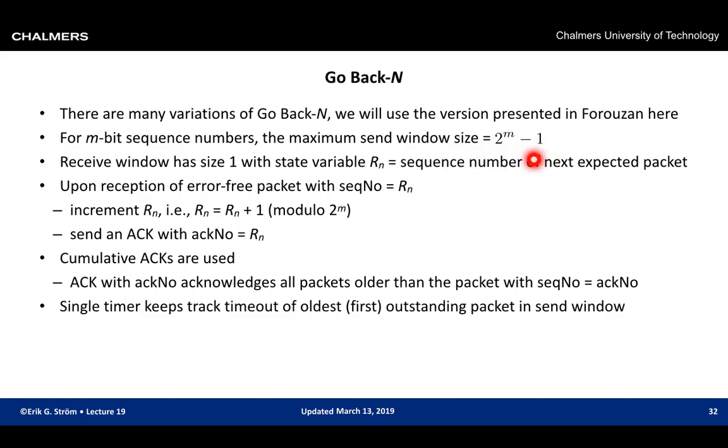The receive window is still size 1, and then it works like this. With go back n, we have a single timer that keeps track of the timeout of the oldest outstanding packet, and whenever this timer expires, we retransmit everything that we have in the send window. Yeah, that's how it works.